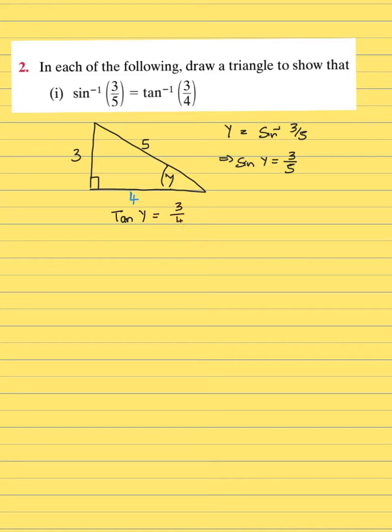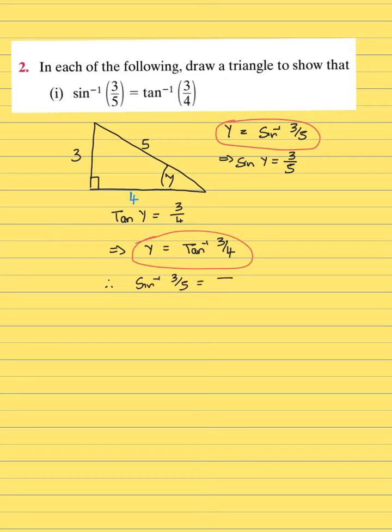So the tan of y is 3 over 4, and that means that y is equal to arctan 3 over 4. Now we have y is equal to arc sine 3 over 5, and y is equal to arctan 3 over 4. We'll just put a little circle around both of those. And we can conclude from that that arc sine 3 over 5 is equal to arctan 3 over 4.